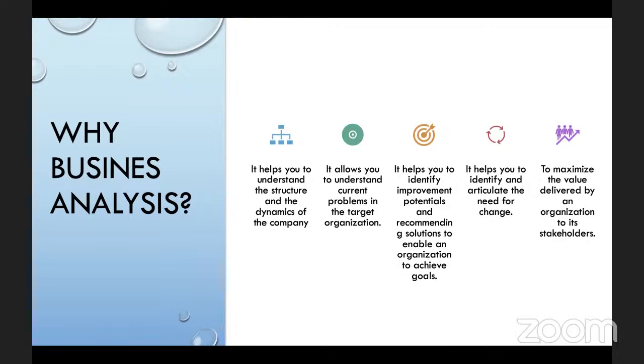So when you get into an environment, wear your hat, perform some analysis. The one thing that we're trying to do here is to understand the structure and the dynamics of the company, right? Number two, it allows us to understand the current problems in the target organization.